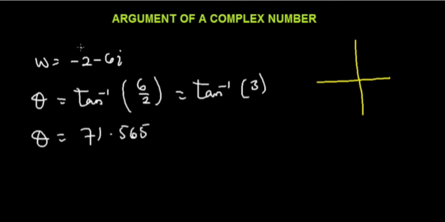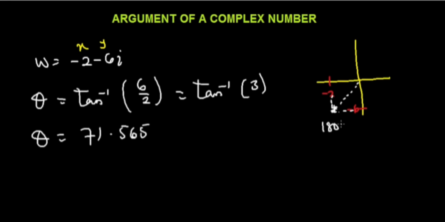You need to plot this on your Argand diagram to know the final answer. This is your x, this is your y. On the x-axis we have minus 2, on the y-axis we have minus 6. So your plotting is somewhere here. In that case, it falls at this part where we have 180 plus theta.